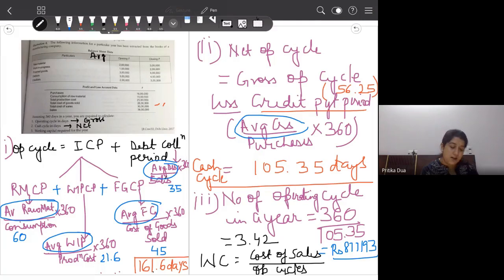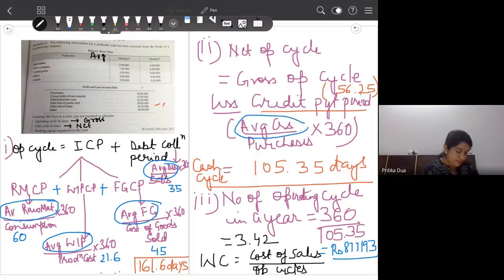Put the values, add up all the values from the gross operating cycle less average creditors. You should get 8,77,193. Take a minute and check your answer. Are you getting the same value?